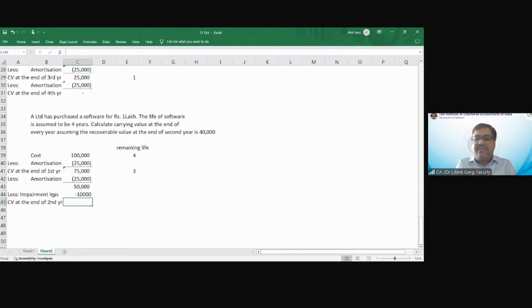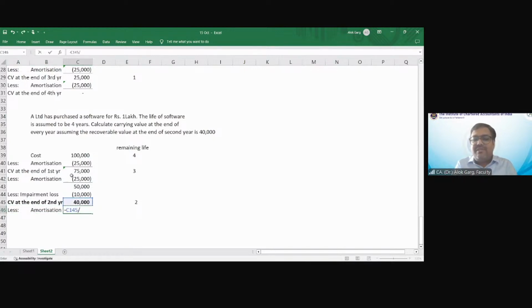You understand how this 10,000 is arrived at? Because the recoverable value is given. So my carrying value at the end of second year will become 40,000. What is the remaining life? 2 years.